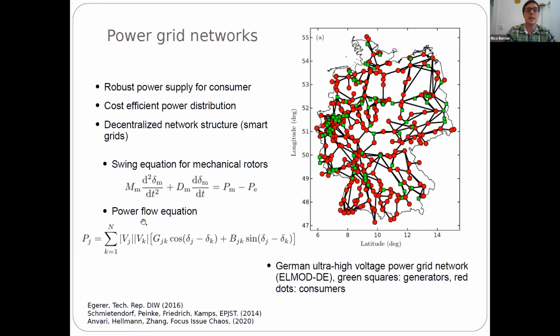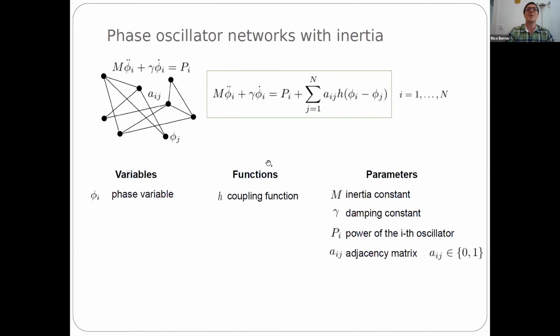And if you put everything together, I'm not going into detail here because you can read it. You can read everything in, for instance, Schmietendorf's paper from 2014. If you write everything up, put it together, make some assumptions, you end up with a very nice equation, which is quite simple and can be written in this form. And this is again similar to a phase oscillator model.